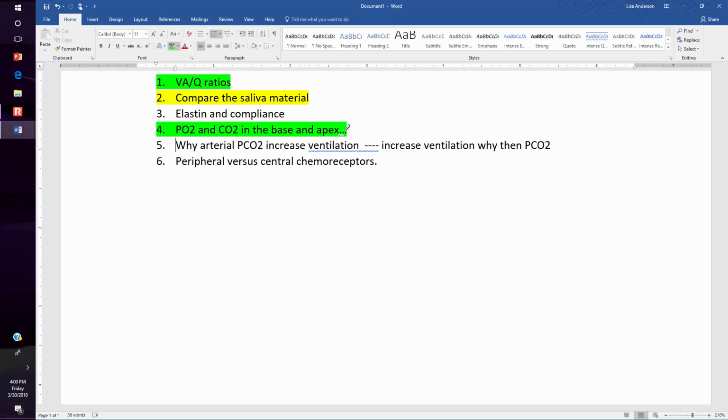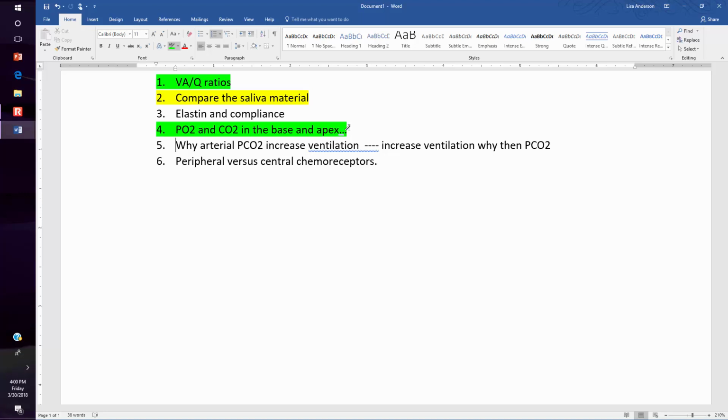What are PO2 and PCO2 in the apex and the base? They change a lot, because if you take the ratio of the two, the ratio is a whole nother deal.